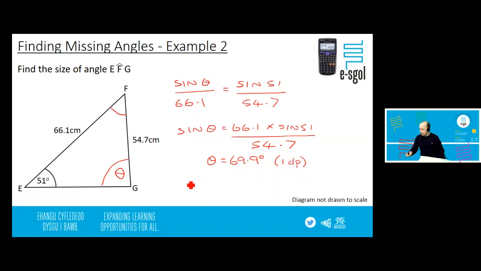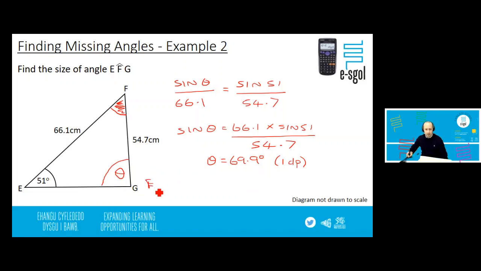Okay, so before I give myself a pat on the back for good work, I'm just thinking to myself, I found this angle, but that's not what the question is asking. Remember, the question is asking, find EFG, finding this top angle here. So this part I've shaded in. I haven't found that. I found the other angle. So I will have to do a little bit of a calculation at the end.